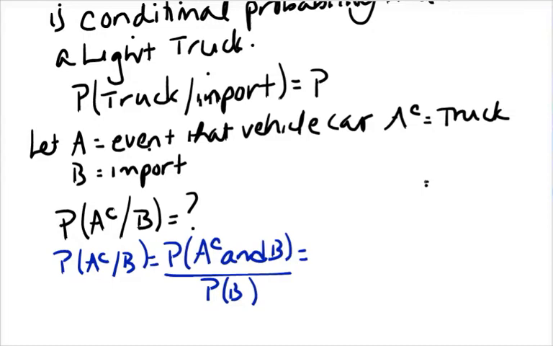You look for a truck and an import, and that probability is 0.14 from the table. And the probability that it's an import is 1 minus the probability of a domestic, which was 0.22. So this comes out to be 0.6364. So this is part A.